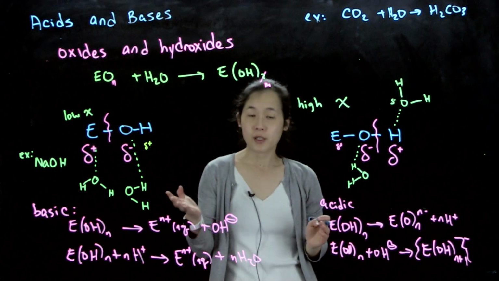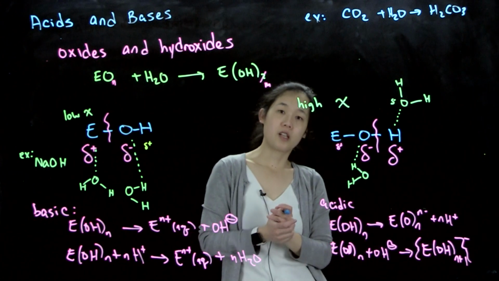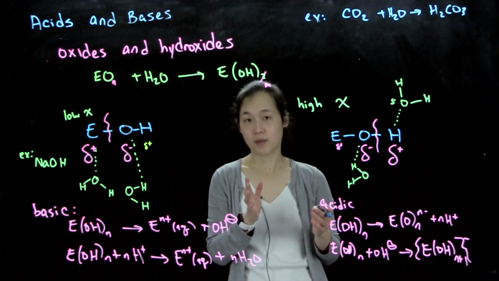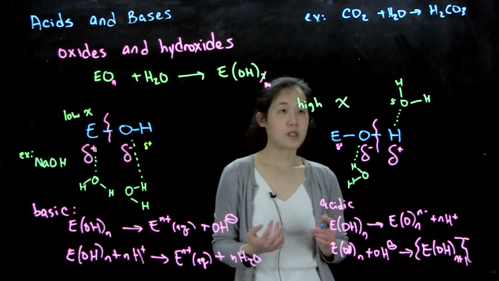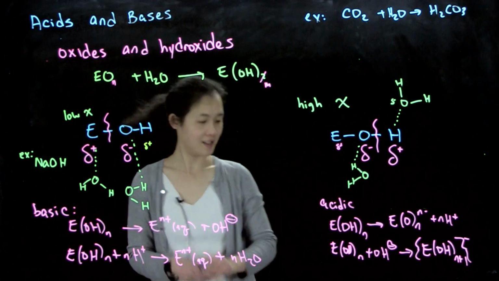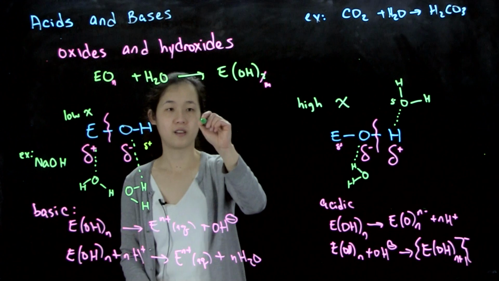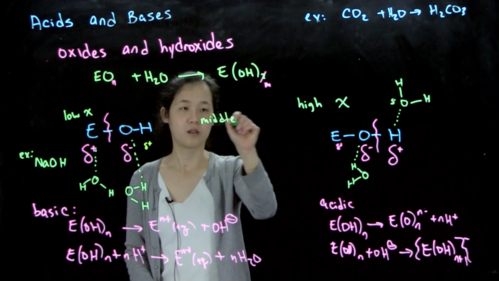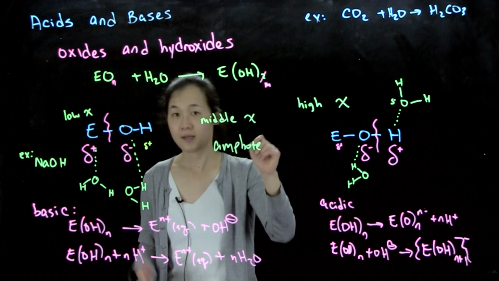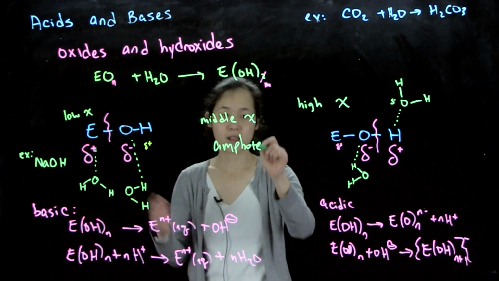Of course, as we go in between, you could have covalent polymeric species where our electronegativity is in the middle. Those could be what's called amphoteric. So I'll put this in the middle. Amphoteric, meaning that it can act as both an acid or a base.